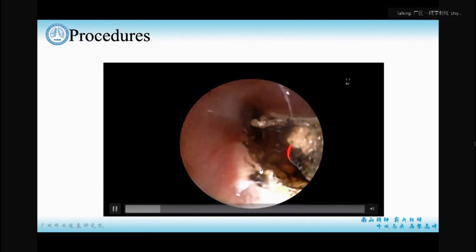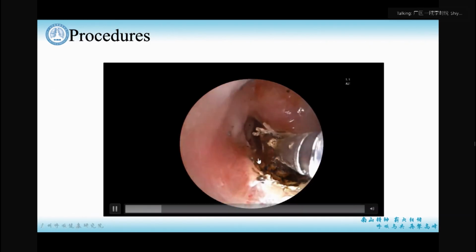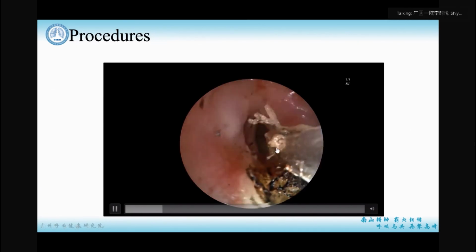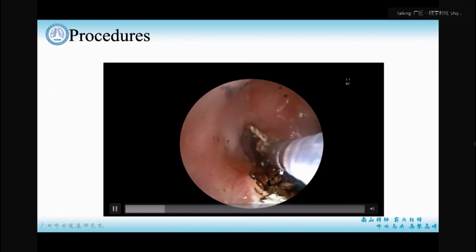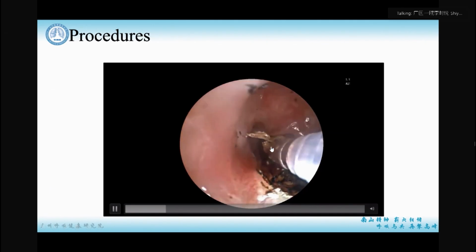Here you can see there is no obvious carbon or necrosis. The view was very clear.